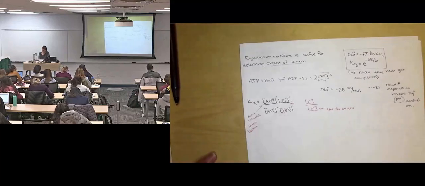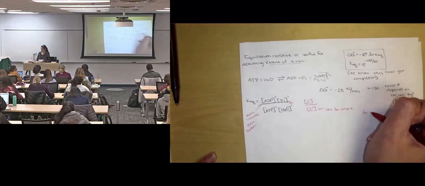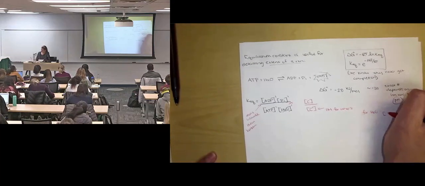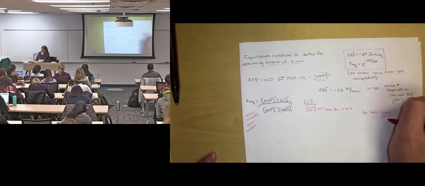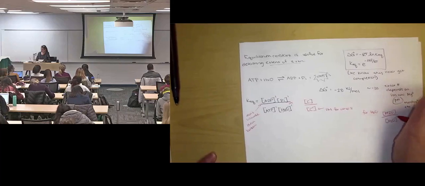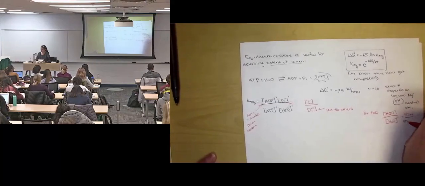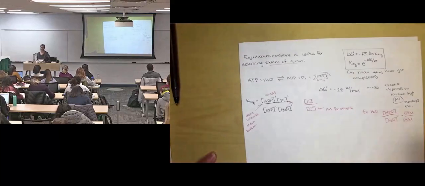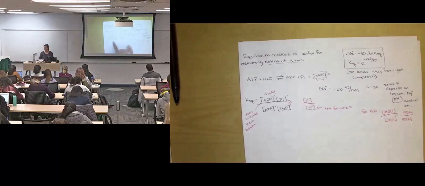For water, the top and bottom are both 55 molar, so it's just a 1 and it drops out. What's the concentration of H2O over the concentration of H2O at standard state? Well, this is going to be 55 molar over 55 molar. We said all of this stuff is in the millimolar range, so we're really not affecting this ever. And we're always going to let this term be 1.